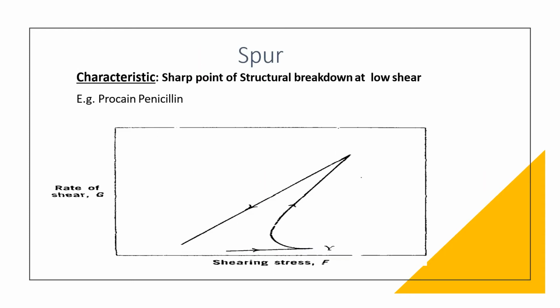And the spur is actually shown by highly structured systems, like procaine penicillin, which as an example is mentioned here in the gel form. This procaine penicillin is actually utilized for intramuscular injection.